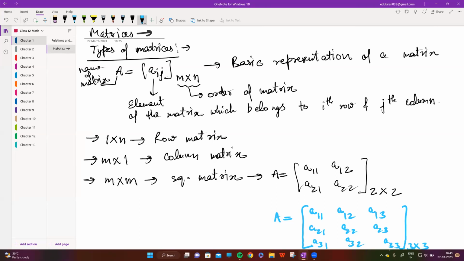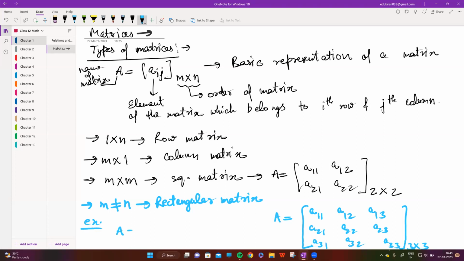Now, the fourth point is if m is not equal to n, then the matrix we write will look like a rectangle, and hence the name rectangular matrix. I'll give you an example.